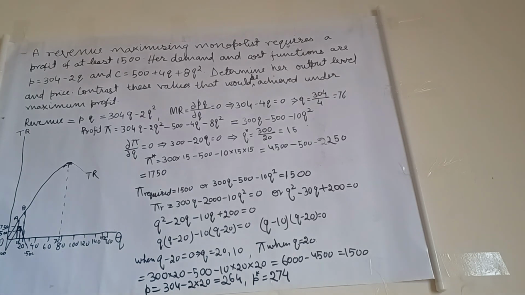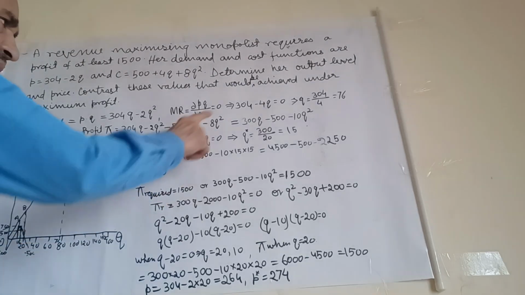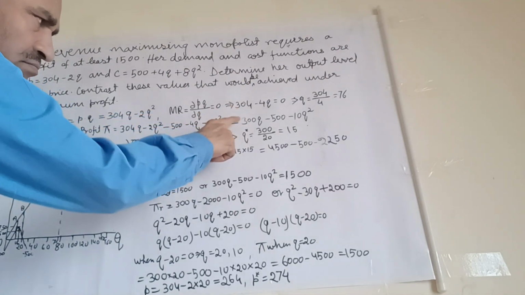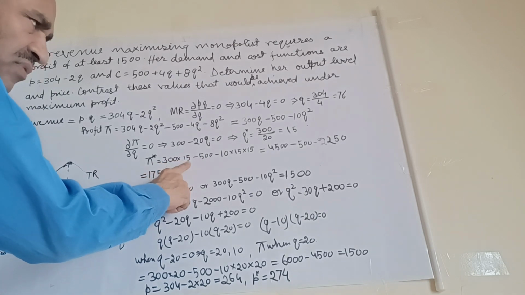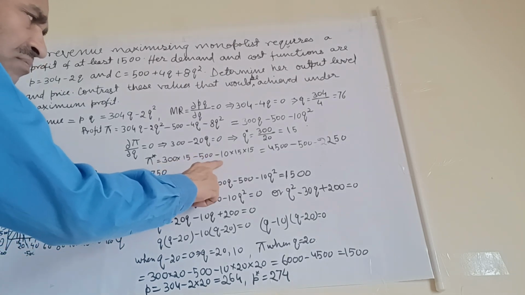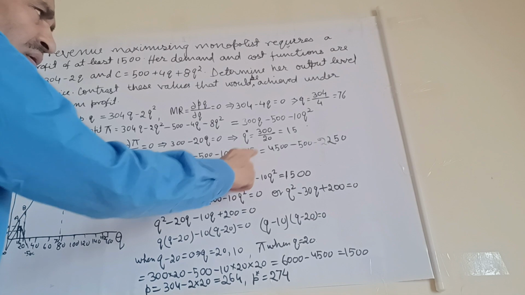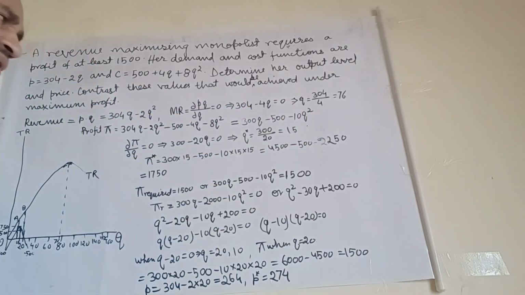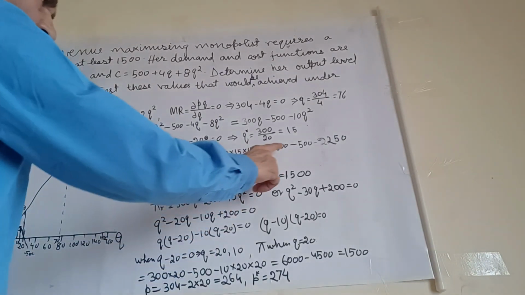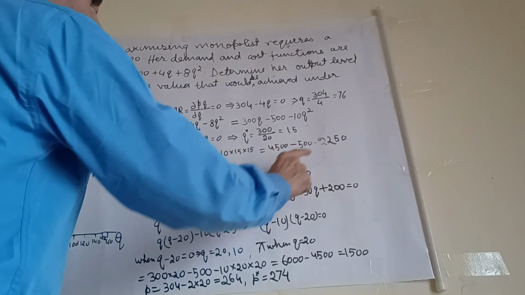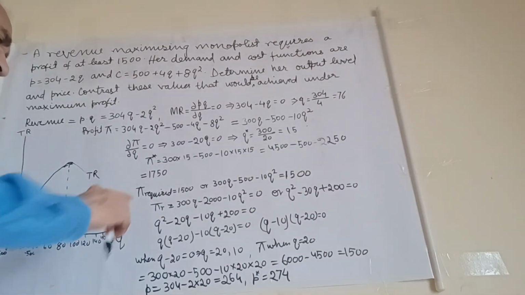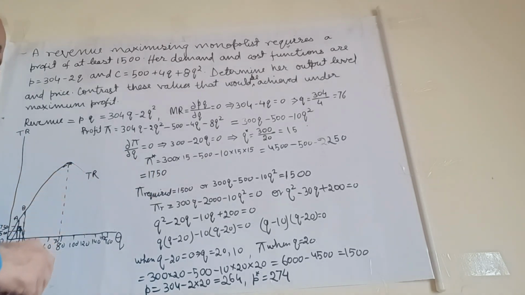So what would be the profit at that output? We calculate with the profit function here. So 300 times 15, minus 500, minus 10 times 15 times 15 because it is Q². That gives me a profit of 4,500 - 500 - 2250, which is equal to 1750.